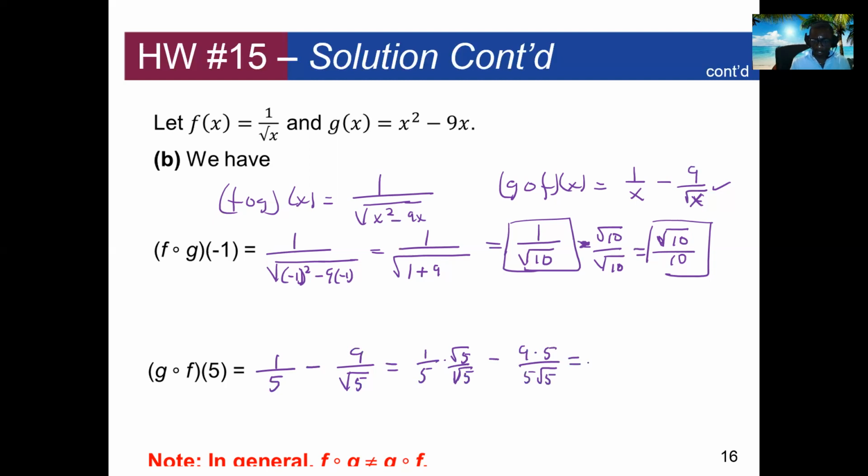So that gives us root 5 over 5 root 5, minus 45 divided by 5 root 5. Okay, and so we get that expression.